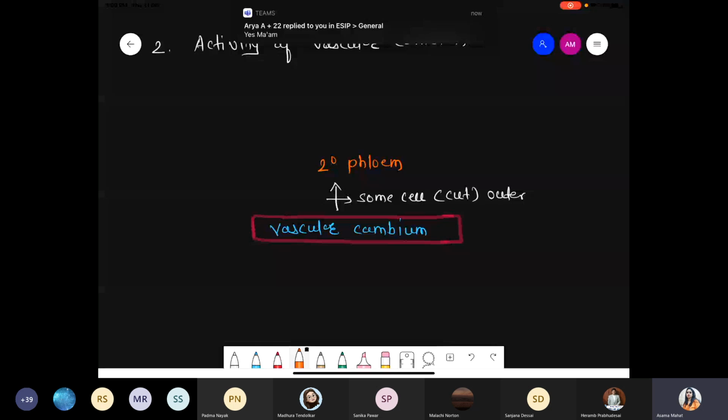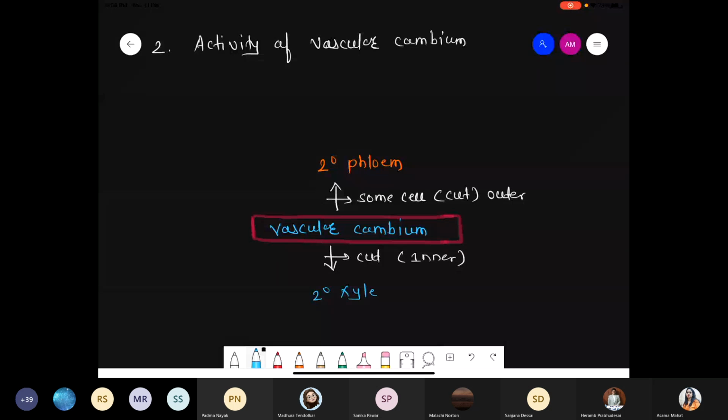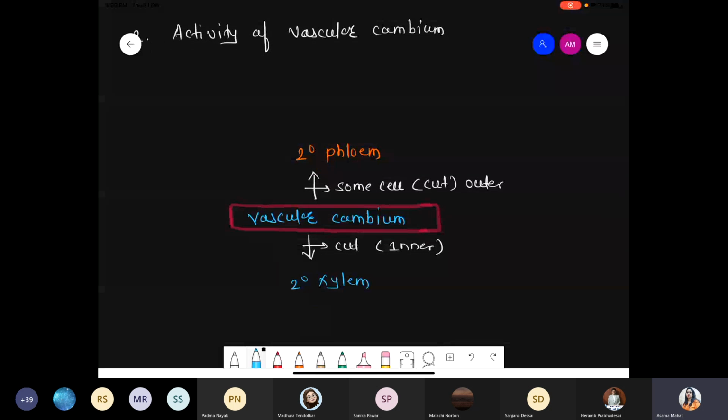Similarly, some cells of the vascular cambium, not all, cut toward the inner side, and toward the inner side they form the secondary xylem. But please remember, vascular cambium is one kind of secondary meristem.